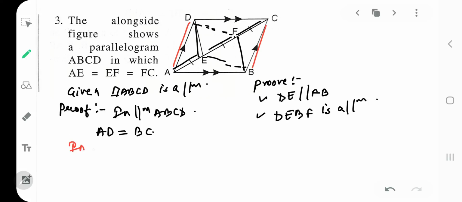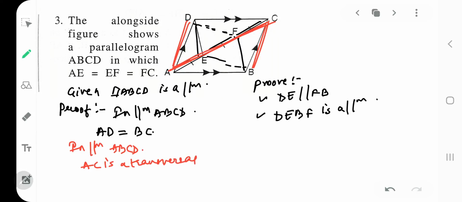Again in parallelogram ABCD, AD is parallel to BC and AC is a transversal, so can I say that angle DAE is equal to angle BCF?